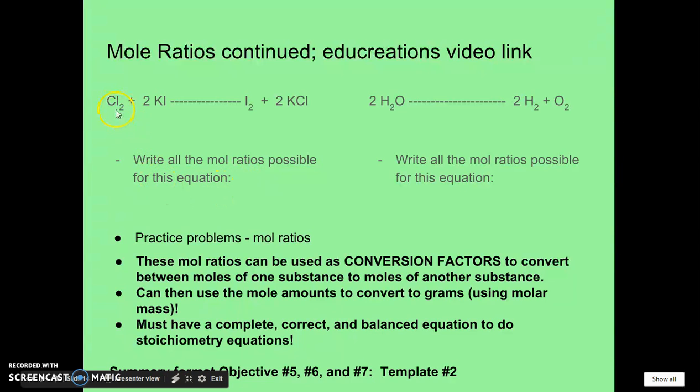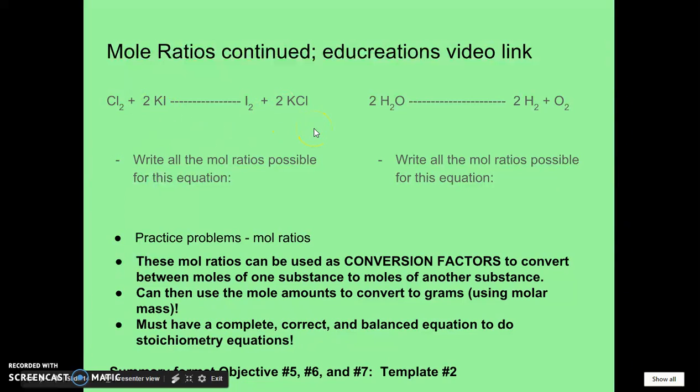So I can compare chlorine to potassium iodide. How much chlorine do I need to pair with potassium iodide? I need 1 mole of chlorine for every 2 moles of potassium iodide, so my mole ratio would be 1 to 2. I could compare potassium iodide to iodine, and my ratio would be 2 to 1. I could compare potassium iodide to potassium chloride, and my ratio would be 2 to 2.